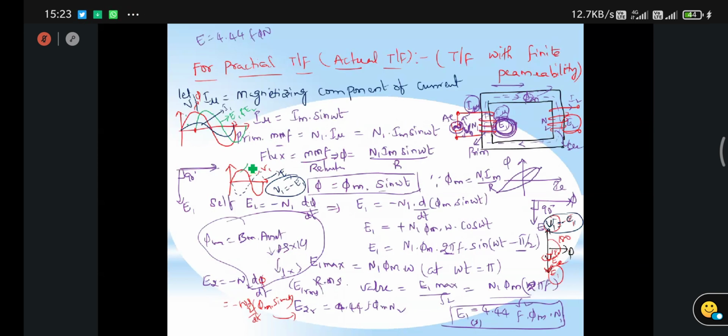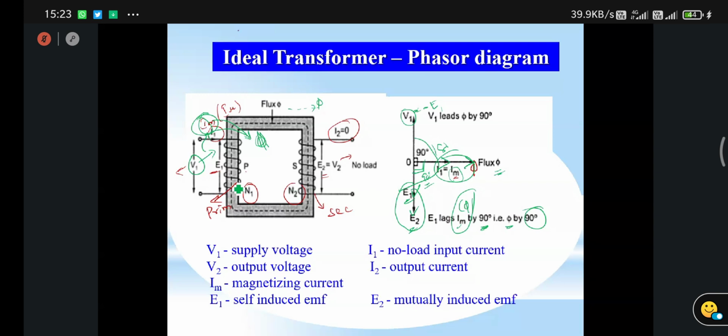So this is V1, and this is E1, exactly 180 degrees apart. Yes, students, have you understood this concept? So this is the phasor diagram of the ideal transformer.